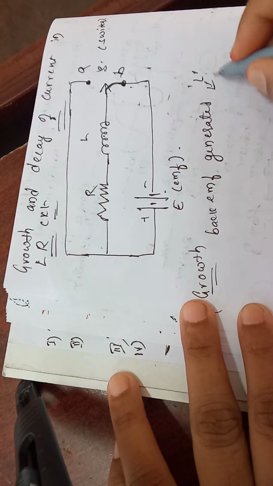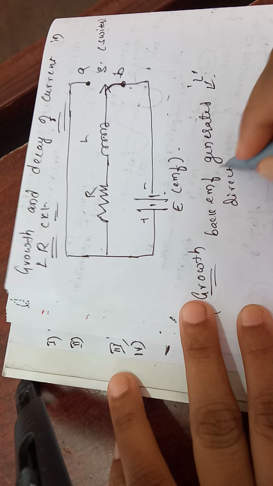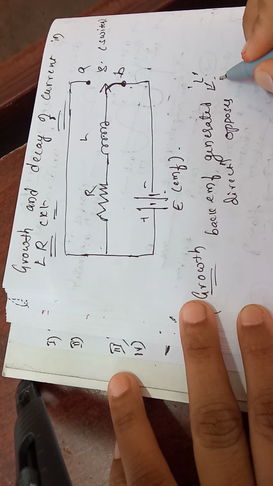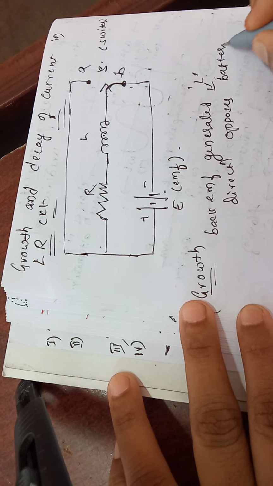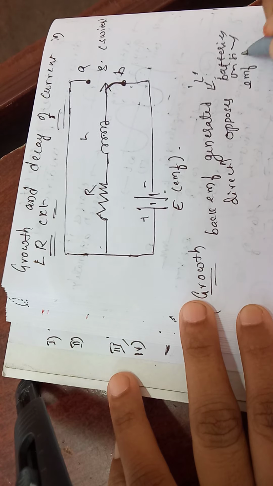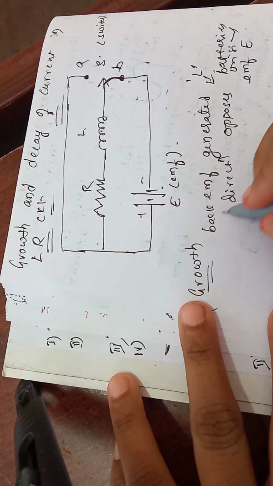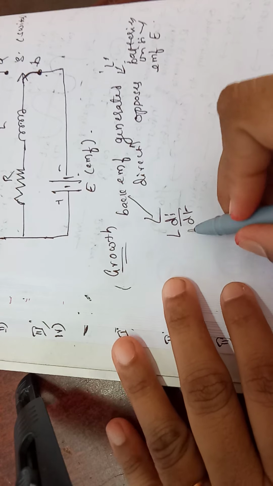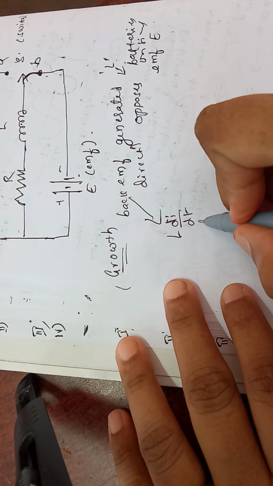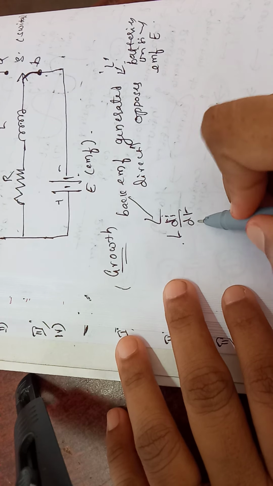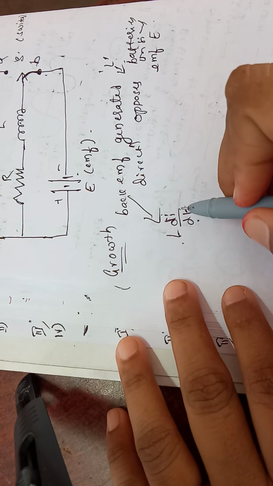The direction of that back EMF opposes the battery's original EMF E. The value of this back EMF is L di by dt, where L is the inductance of the inductor and di by dt is the rate of change of current.